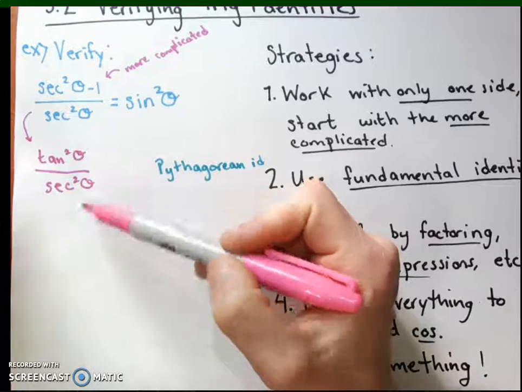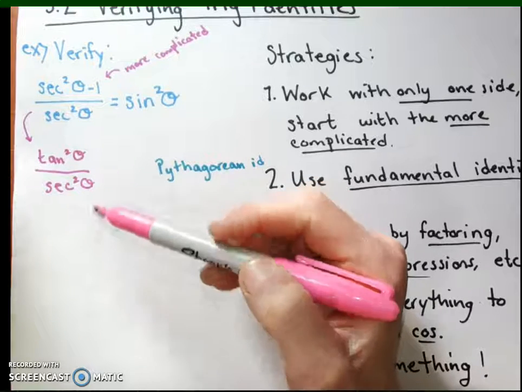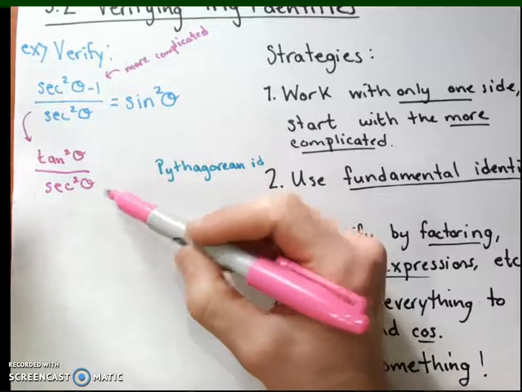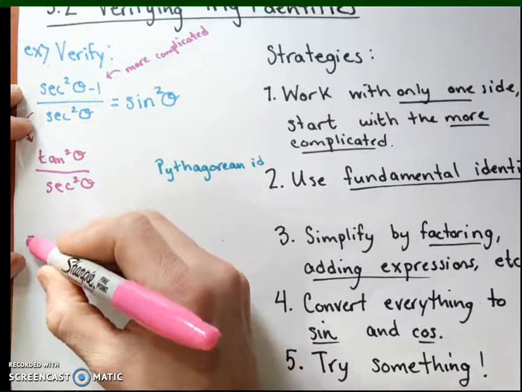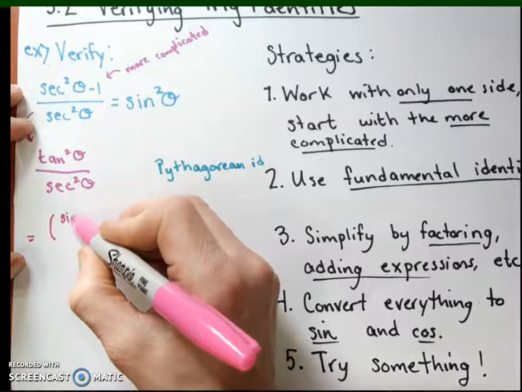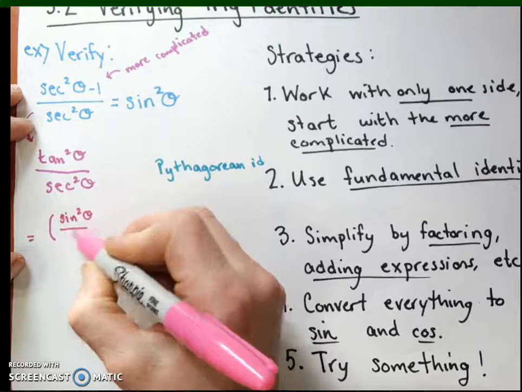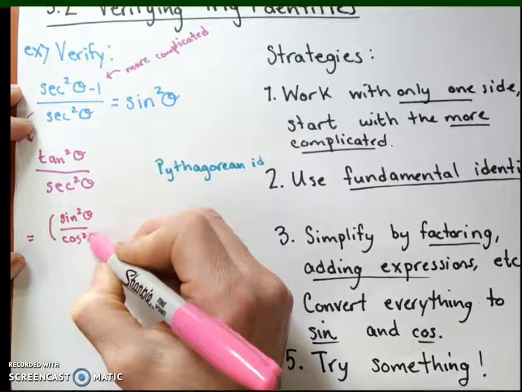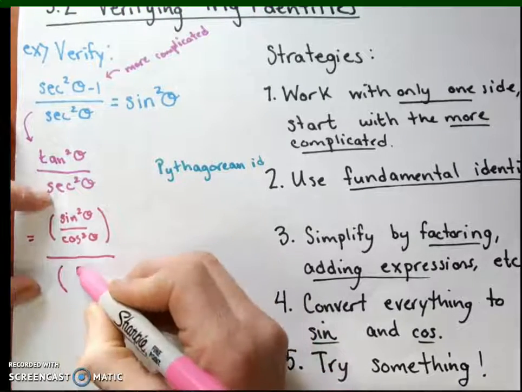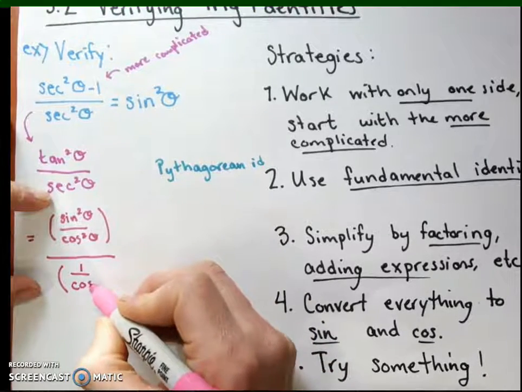So maybe I'm going to convert things to sines and cosines by using the quotient identity on the top and the reciprocal identity on the bottom. The quotient identity says that tan squared is sine squared theta over cosine squared theta. And the reciprocal identity says that secant squared is 1 over cosine squared theta.